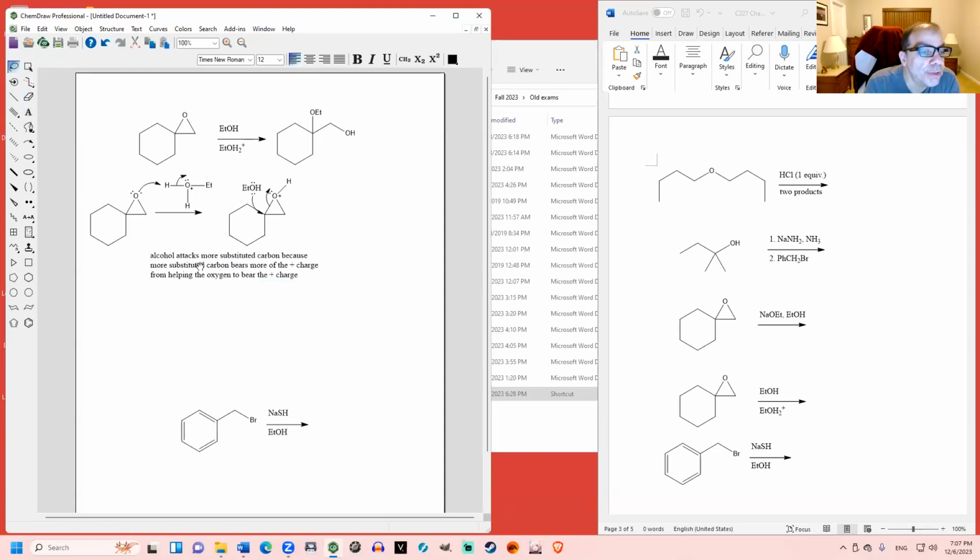Right? Because the more substituted carbons make more stable carbocations. So more substituted carbons like the plus charge more than less substituted carbons. Both of these carbon atoms in the epoxide are helping the oxygen to bear the plus charge, but the more substituted carbon more so. Because more substituted carbons make more stable carbocations, and so more substituted carbons can bear plus charge better than less substituted carbons.